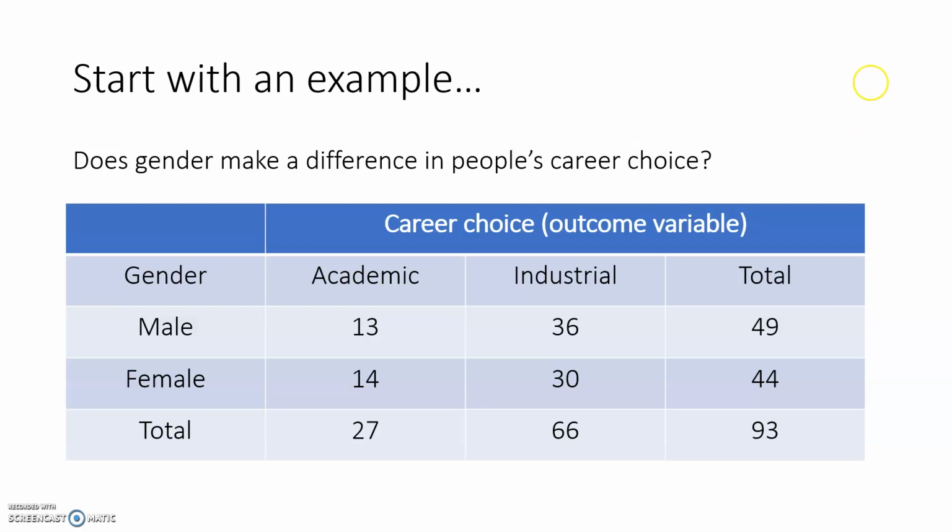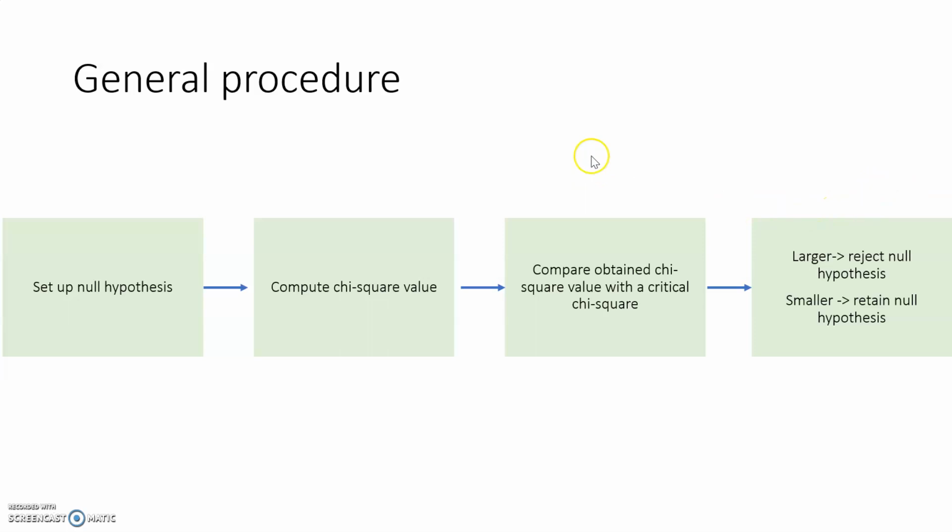Okay, so let's all together take a look at this chi-square test to make a correct decision. First, the logic or the general procedure for the chi-square test. The logic is very similar to the F-test or t-test. First, we're going to build the null hypothesis, assuming that gender does not influence people's career choice. Based on this null hypothesis, we're going to calculate a value called the chi-square value.